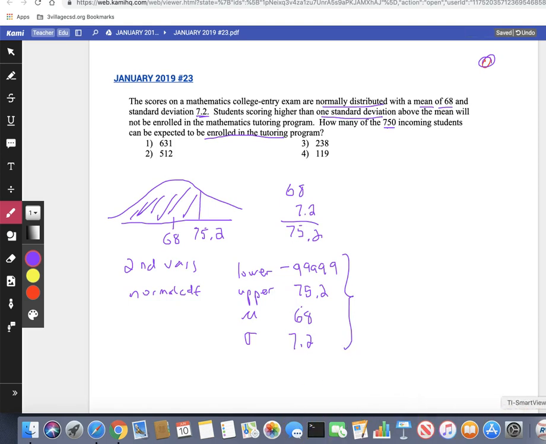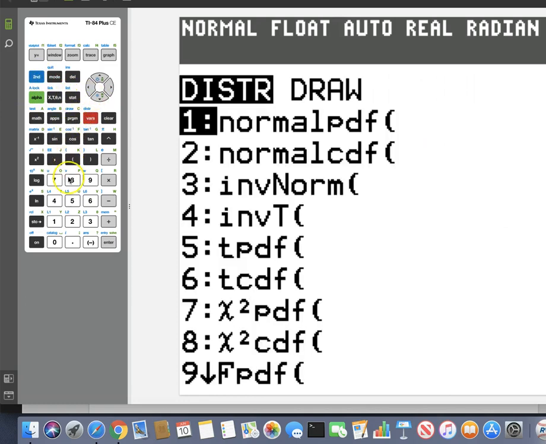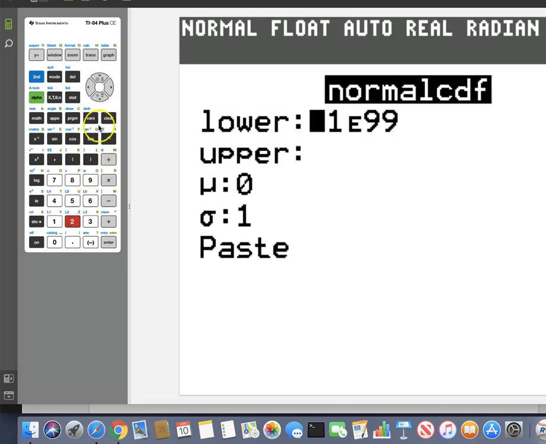So on our calculator, we hit second bars and normal CDF, option 2. For the lower value we enter negative 99999, the upper value is 75.2, the mean is 68, and the standard deviation is 7.2.